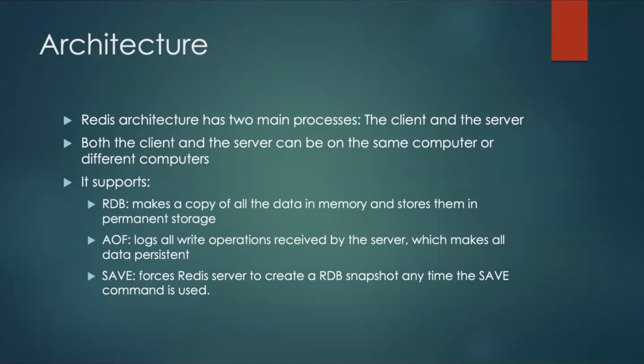And then there's AOF, which logs all the write operations received by the server, and then when Redis restarts, it re-uploads them again, which makes the data persistent. And then there's the save command, which forces Redis to create the RDB snapshot any time the save command is used. And that's just a little bit about the architecture.